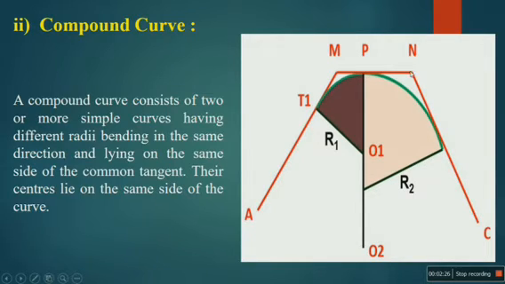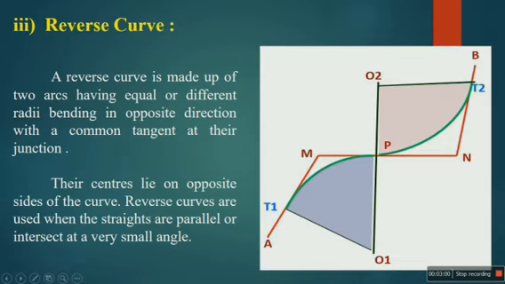These are the two main tangents and this line acts as a common tangent for both curves. There are two radii: radius R1 for the first curve and R2 for the second. The centers of these two arcs are on the same side and the curves bend in the same direction. This type of curve is called a compound curve.